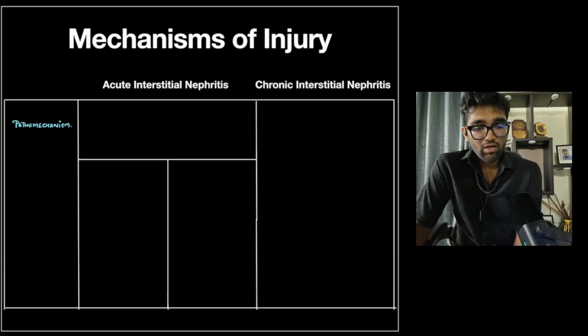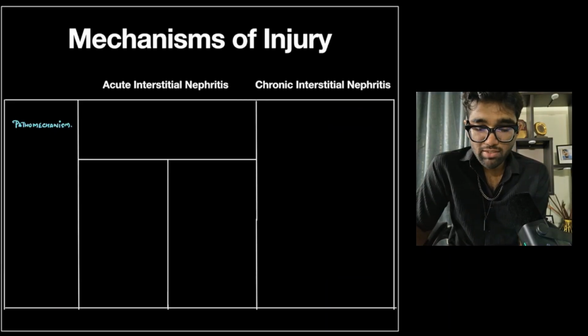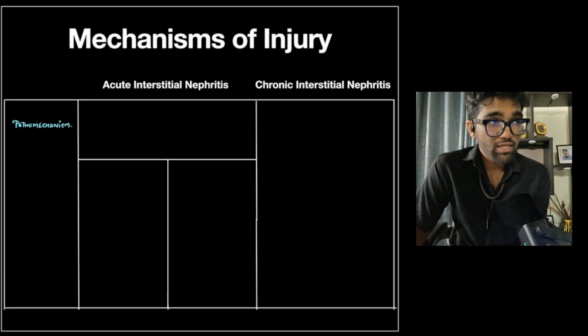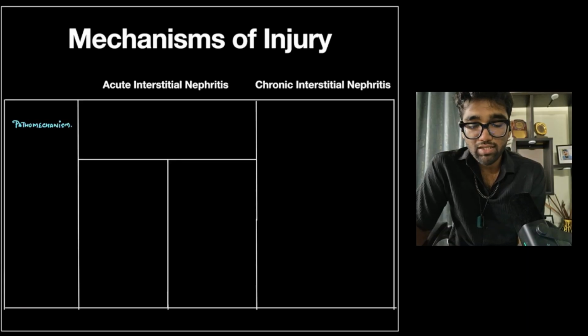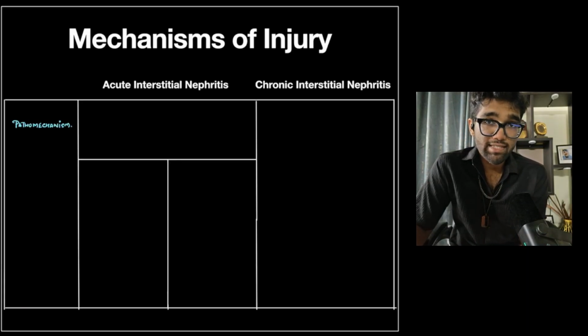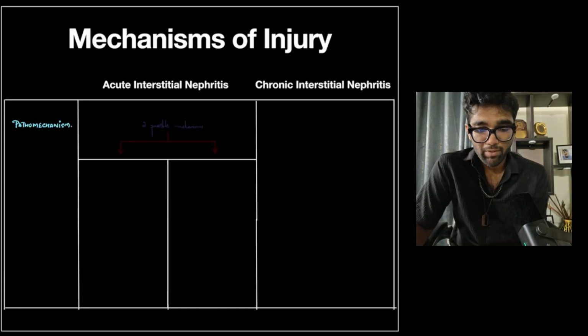Okay. Now, having understood that there are two distinct mechanisms, I'll also try to compare it to chronic interstitial nephritis, which is obviously a chronic process where interstitial renal fibrosis predominates, resulting in secondary atrophy of the tubular epithelial cells and therefore a loss of tubular function rather than obstruction of the tubules by desquamating epithelial cells.